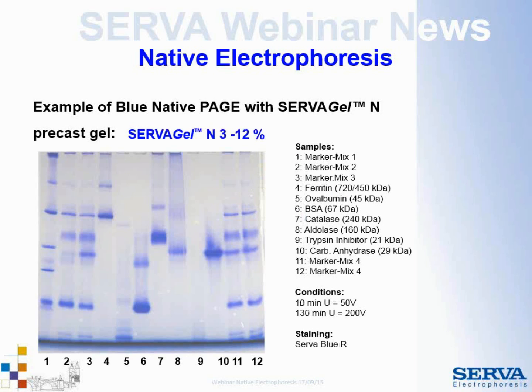This is an example of protein separation on a 3 to 12% native gel. So here some of our marker proteins are separated, but not all proteins will migrate according to their molecular weight.